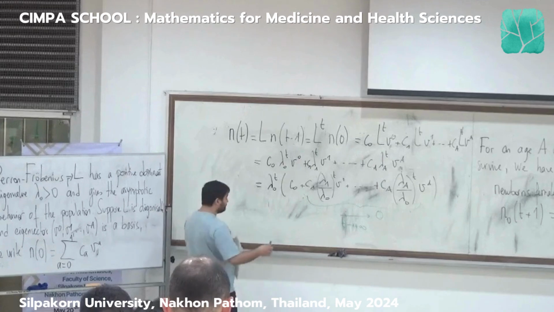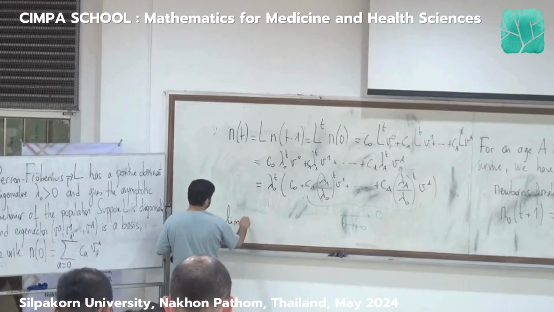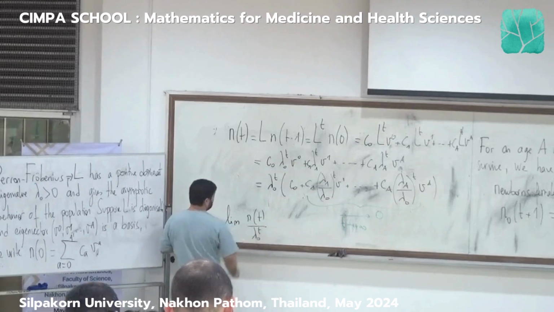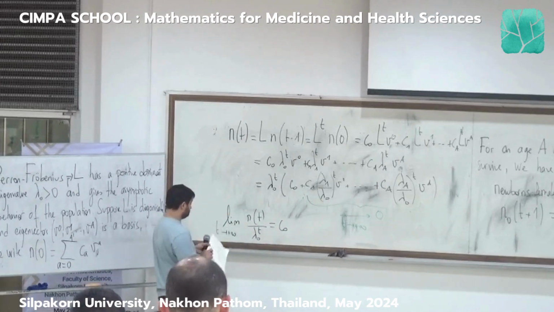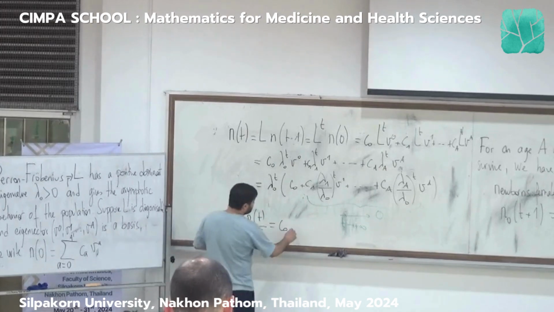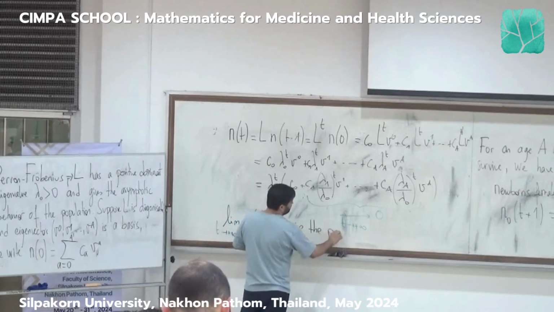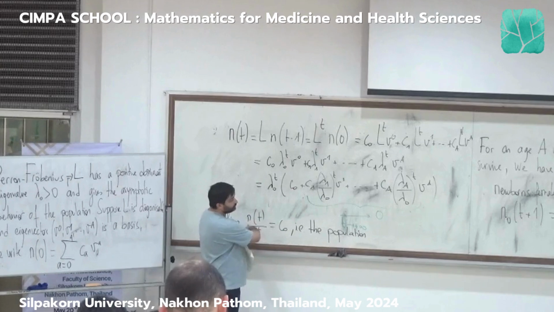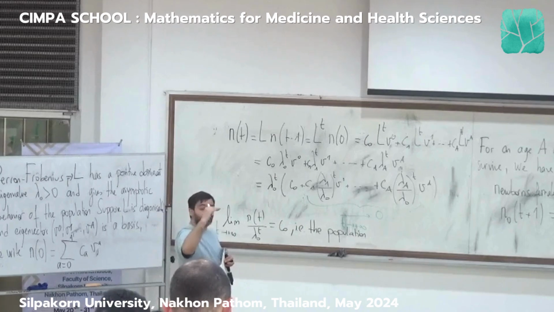Okay, so what does it mean? If I write the limit of the population divided by the eigenvalue when t goes to infinity, it is a constant. So what does it mean in terms of biology? It means the population converges. I remind you that n contains all ages: n_0, n_1, n_2.